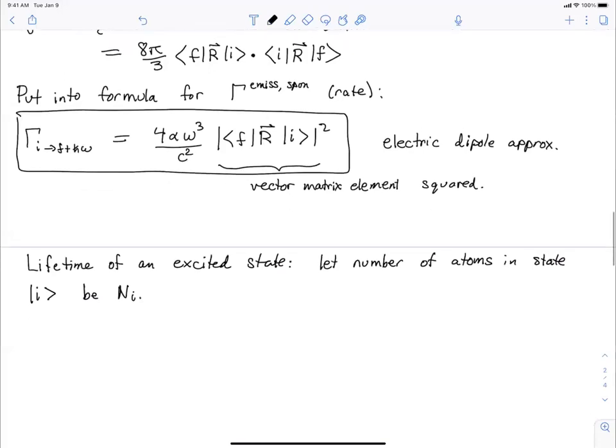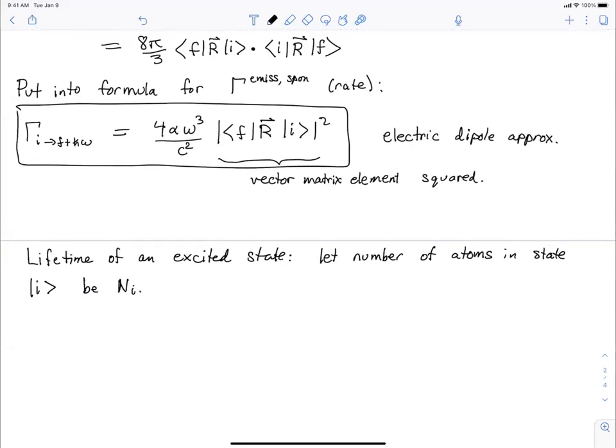And let's ask how many atoms there are a little bit later. So if we evaluate n sub I at t plus delta t, it's going to be the number we started off with at time t, minus delta t times the rate.